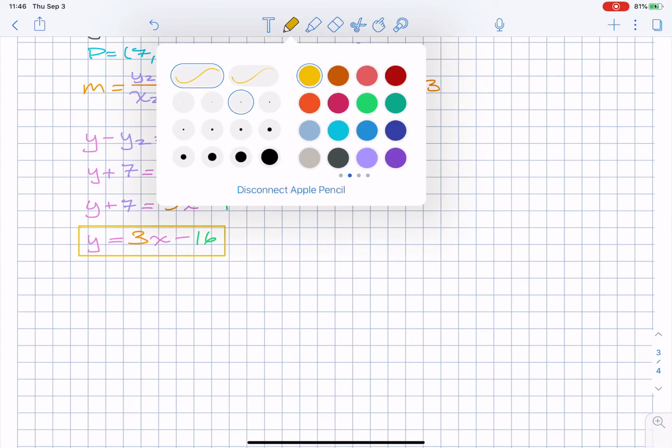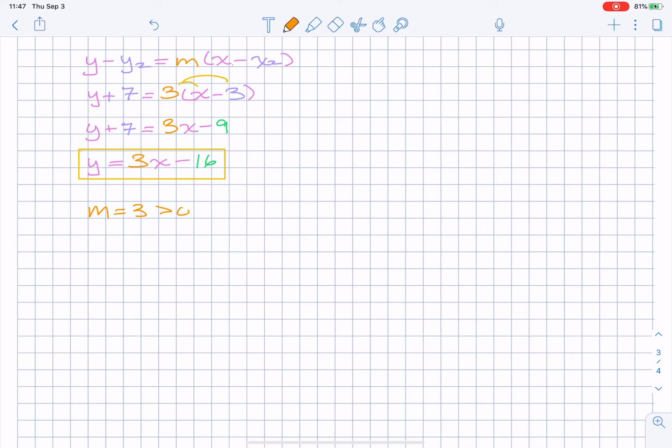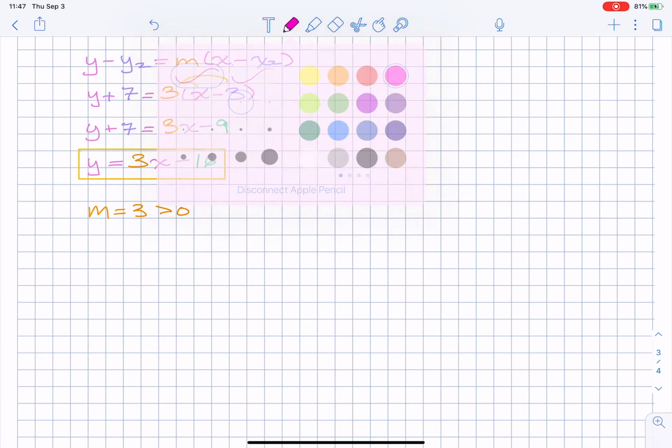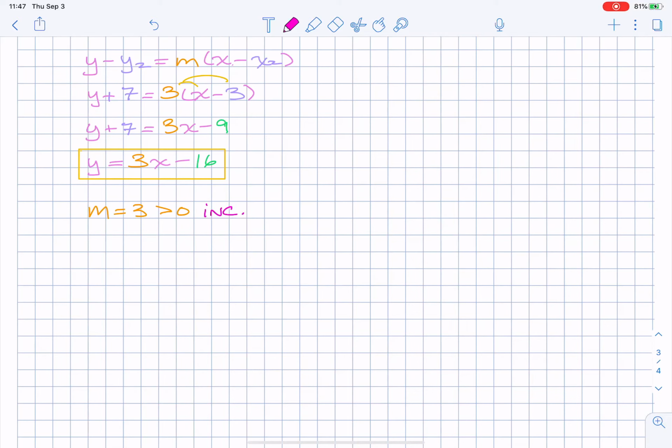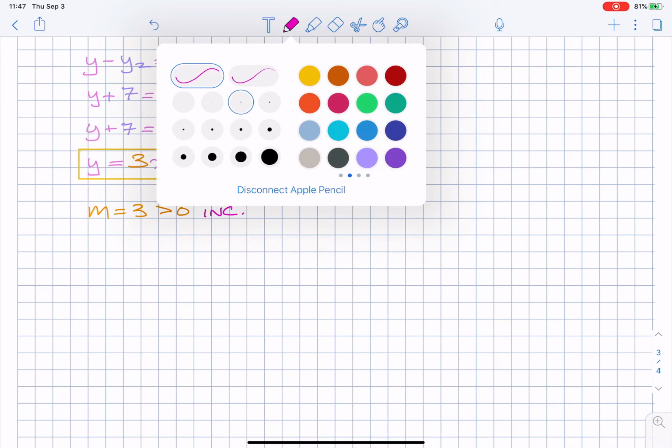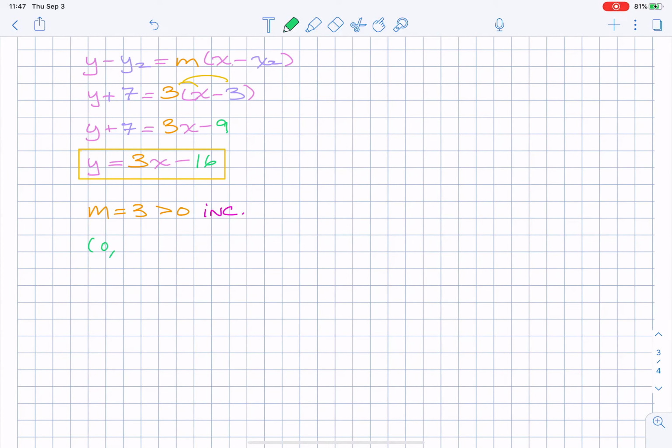So we know that the slope was 3, and that's positive, so that's increasing, right? We know that the y-intercept, that 0, comma, negative 16, is the y-intercept.